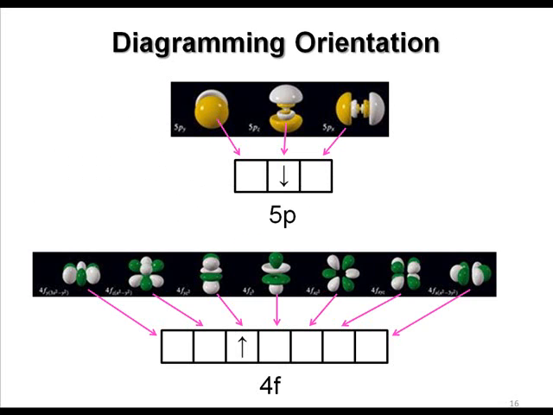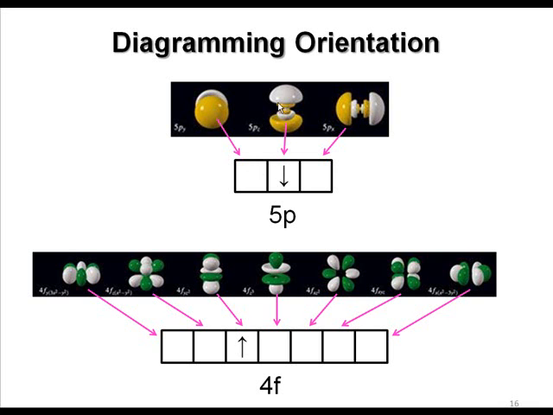You'll notice in the top one we've shown the 3 possible p orbitals. There's a px, there's the pz, and the py. Those are actually very hard to read. It's blurry, my apologies. But what we say is the px, this box represents this orbital.